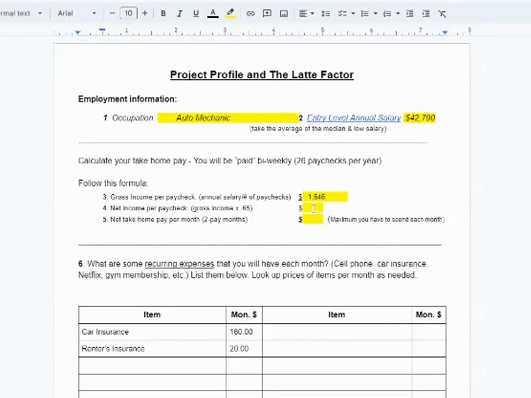But quite honestly, retirement plans should be invested in, and health benefits can be expensive. Even if your employer is picking up some of it, it doesn't mean they're picking up all of it. So if we take 1646 and we multiply it by 0.65, our total is 1,000.